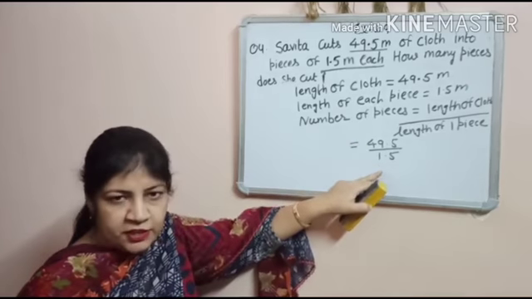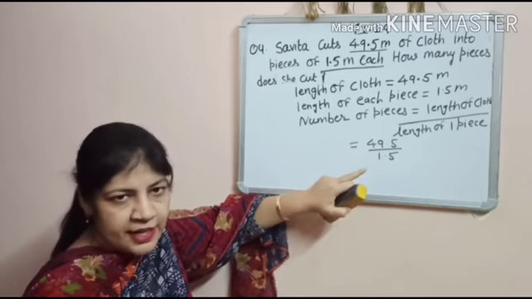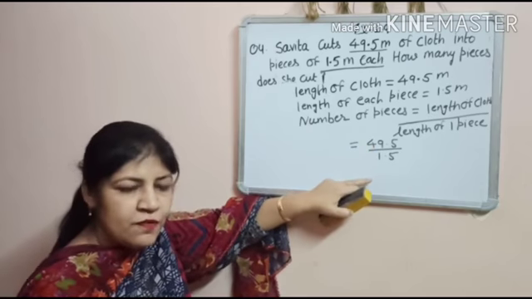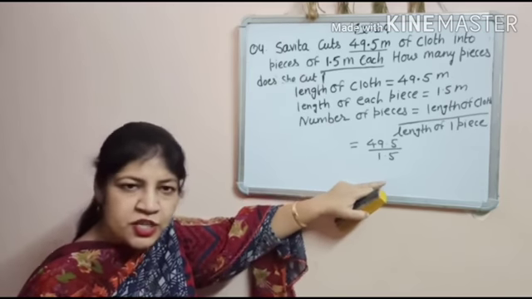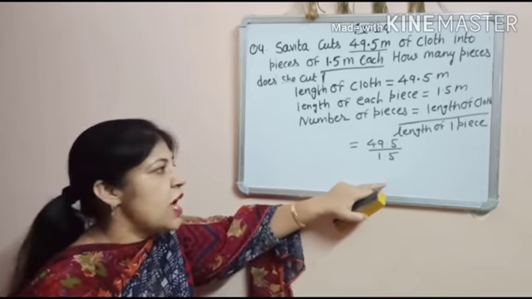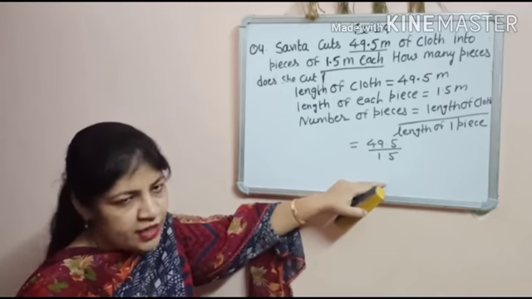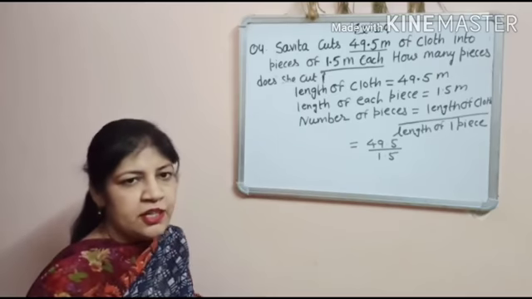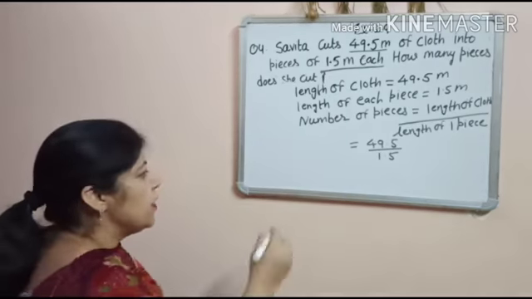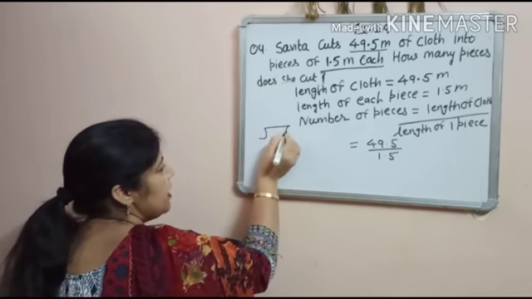When you divide the numerator by denominator, they should be like decimals. If they are, then forget about the decimal point and just do as you do in whole numbers. Or you can convert the decimal to fraction and then divide. That is your wish. So, both are like decimals, so no need to make them like.